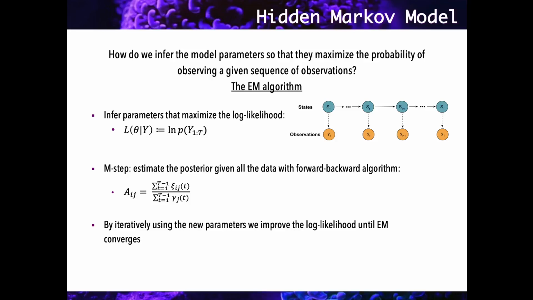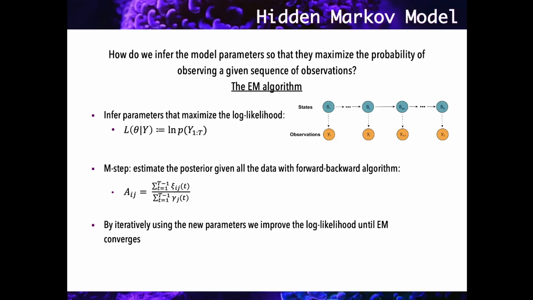If we do this in an iterative way, this algorithm will converge into the best set of parameters that will improve the log likelihood of actually observing the observations that we have in our data.